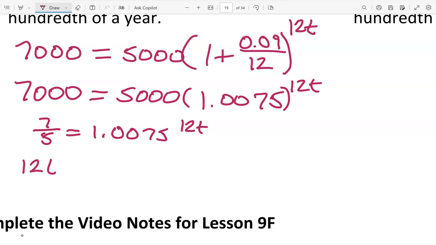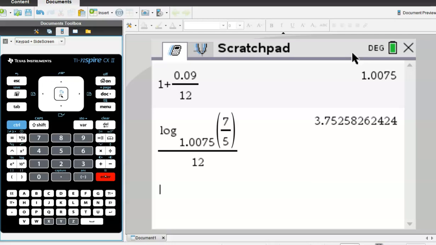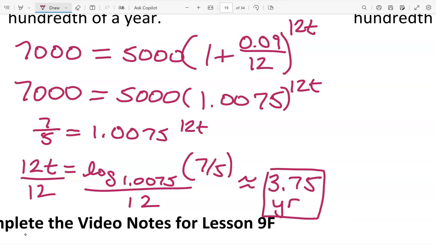So the exponent 12t is equal to the log base 1.0075 of 7/5, and dividing that by 12 will give us the approximate solution of 3.752, which is 3.75 years when rounded to the nearest hundredth of a year.